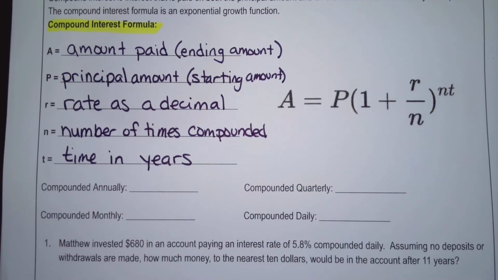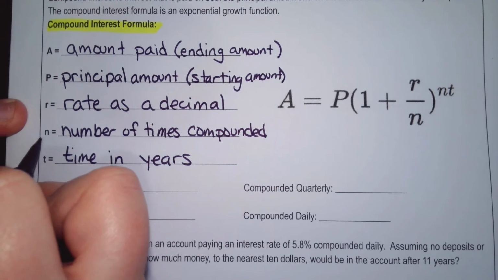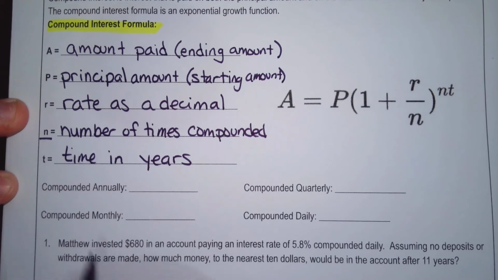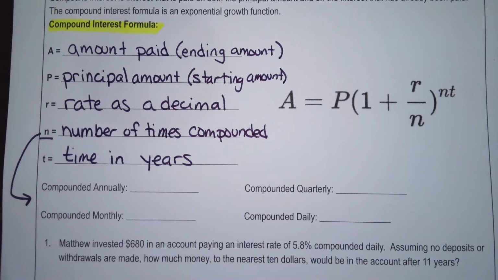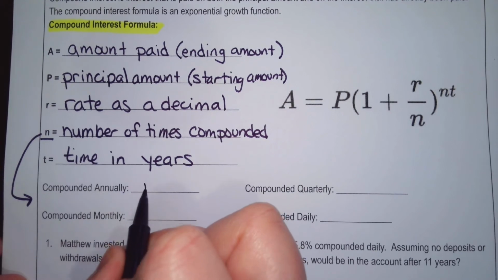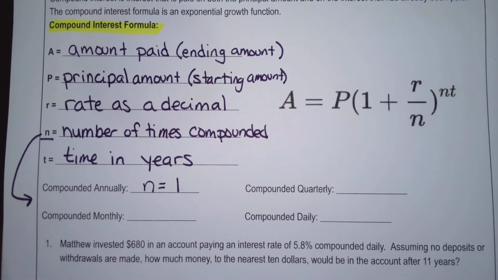And all right, so let's now talk about the most common values that N could possibly be. There are 4 common types that N can be. You can have it be compounded annually, quarterly, monthly, or daily. So depending on what the problem tells you, that is what your N is going to be. Compounded annually, your N is equal to 1.